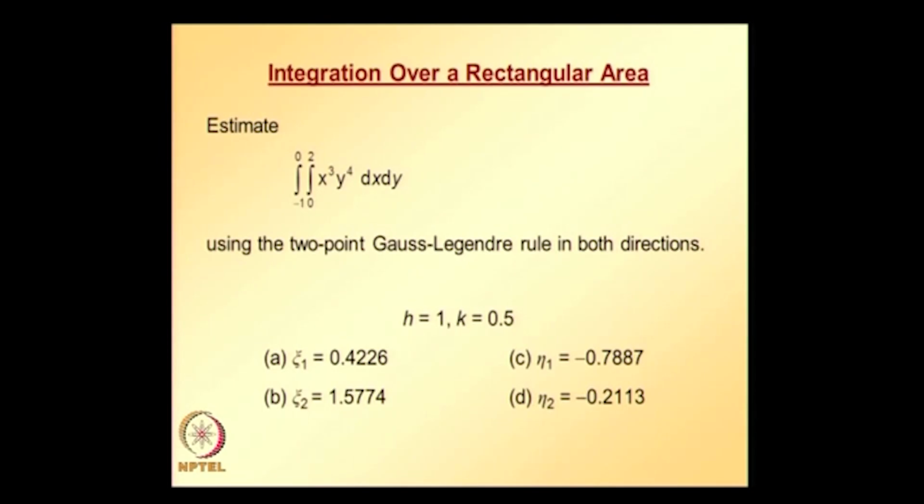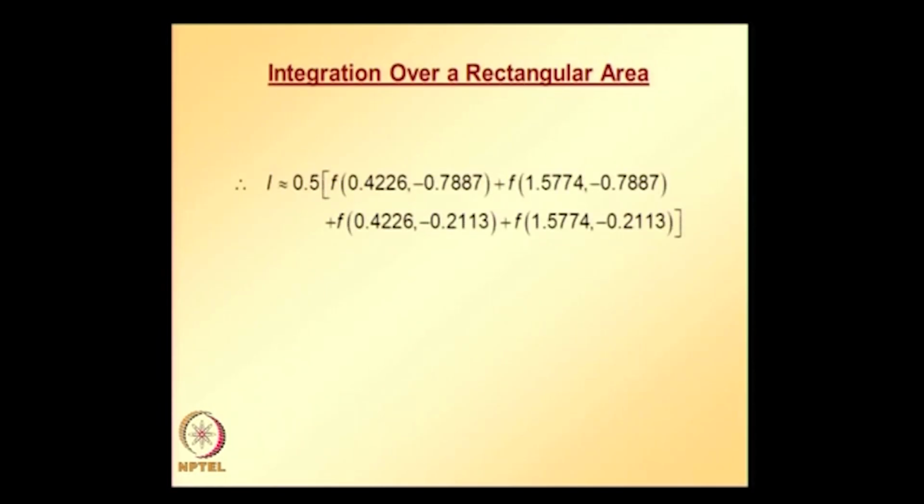So now we have weights and the corresponding locations of the integration points, so we can evaluate the integrand at those locations and multiply with corresponding weights and sum them up, we are going to get the estimate of the integral, which turns out to be 0.7778, whereas the exact solution is 0.8.